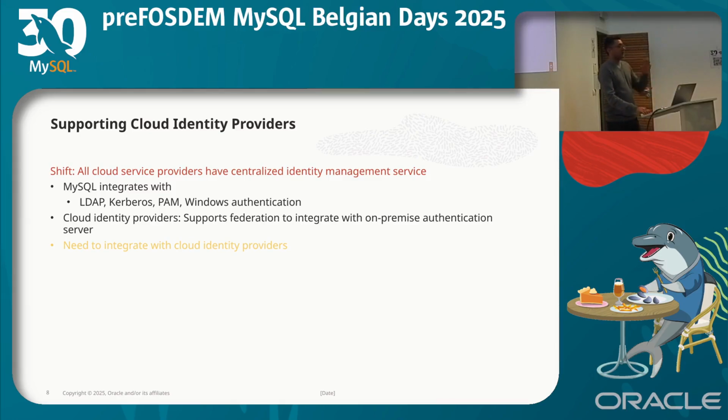Now, MySQL Enterprise Edition already interacts with LDAP, Kerberos, PAM, Windows authentication, and so on. But what we lacked was support for any of the cloud identity providers. So that's something we needed to work on. That's what we worked on some time back.